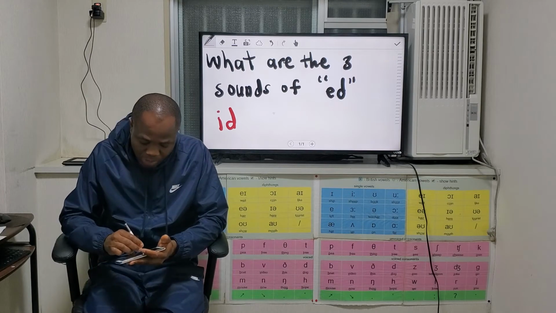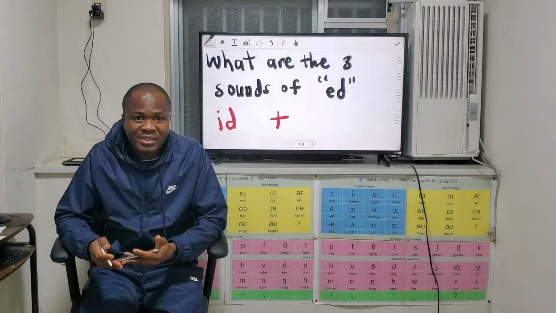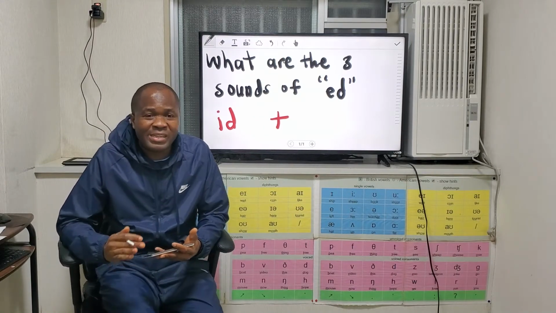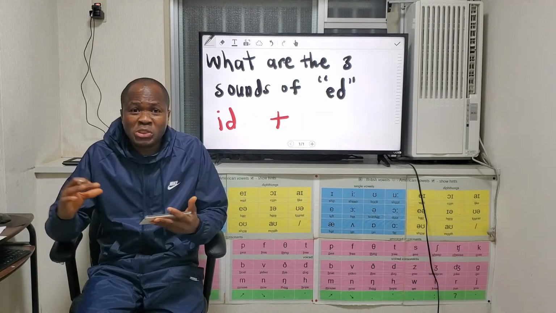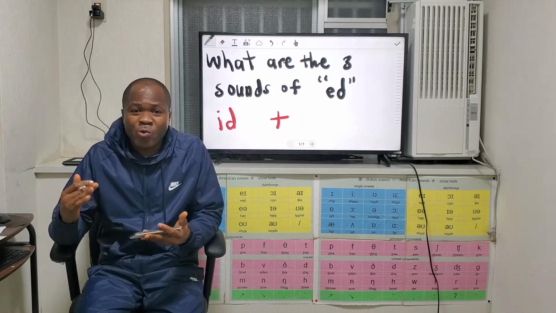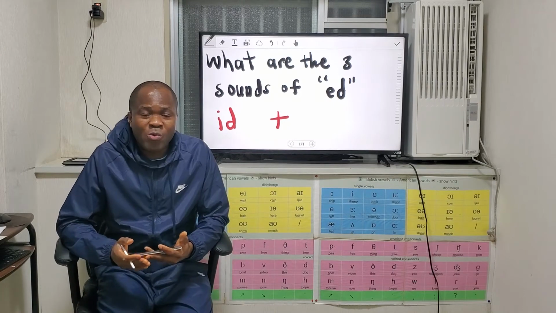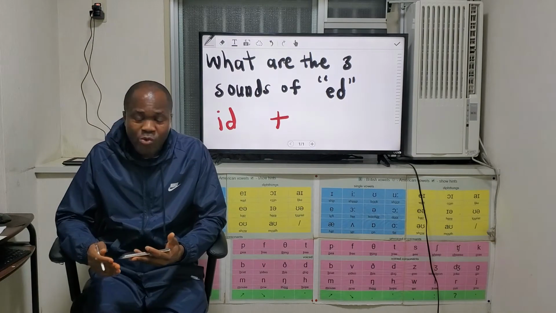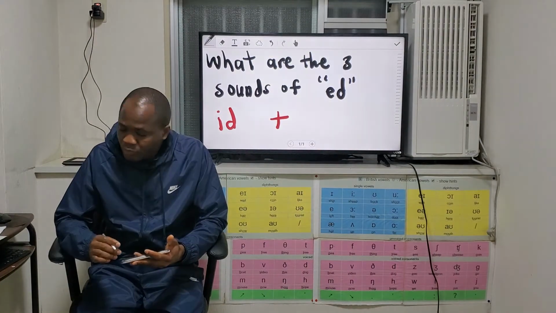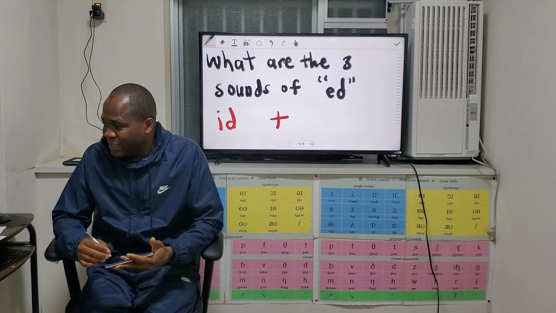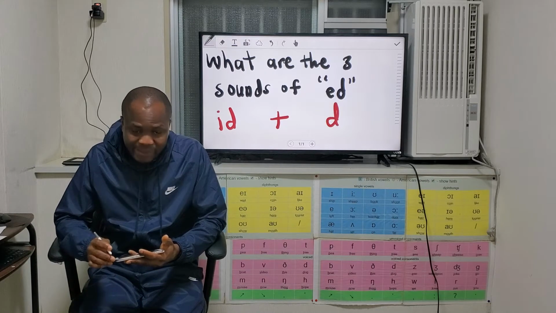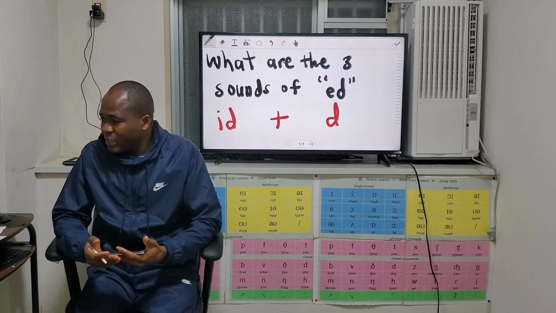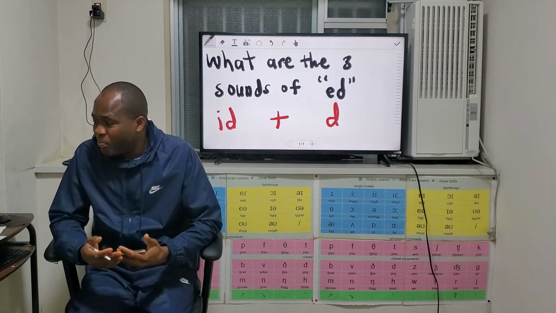Number two, we can pronounce it as t, which in a word is not a separate syllable. It is merged with the word, and I'll explain that later when we look at the examples. And the last way that we can pronounce the ed is d.